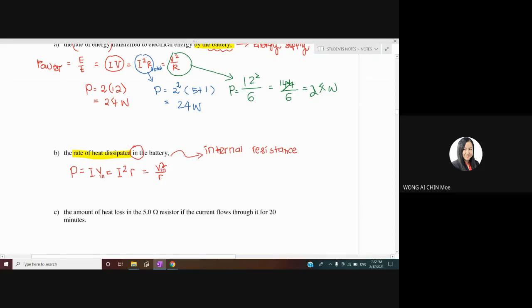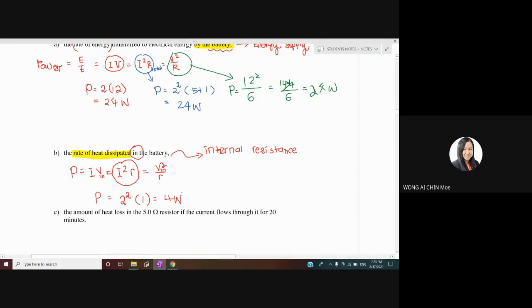I think the easiest one is I squared R. Your I is 2, squared, and the internal resistor is 1 ohm, so the total is 4. The power dissipated is 4 watt. This is the power lost inside the battery because there is an internal resistor.